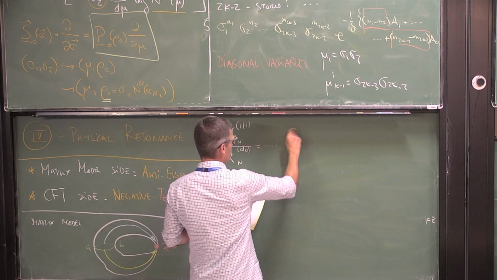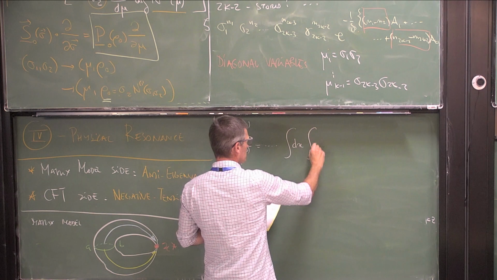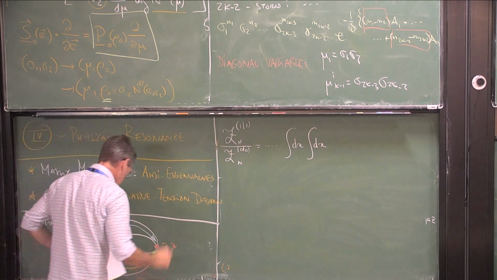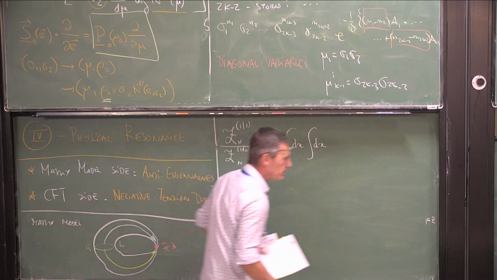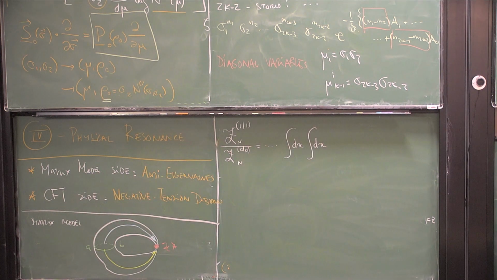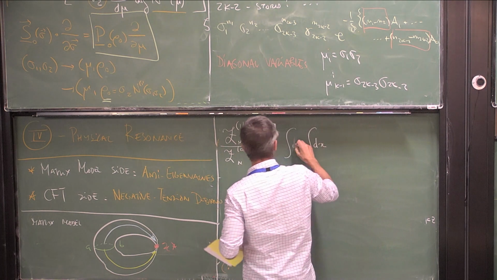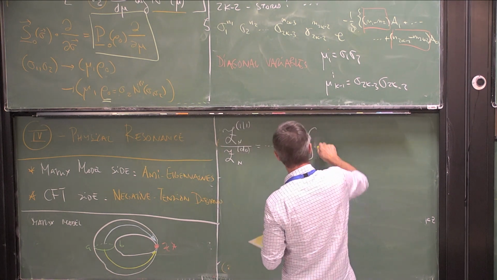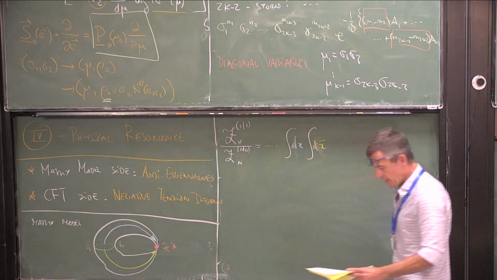Let me not put coefficient or anything. So there's an integral over an eigenvalue that I've tunneled, say in blue. Maybe I could write it in blue. And an integral over an anti-eigenvalue that I've tunneled, which is the yellow guy.